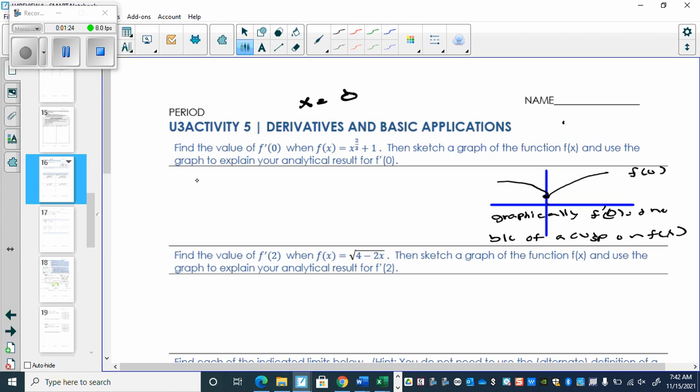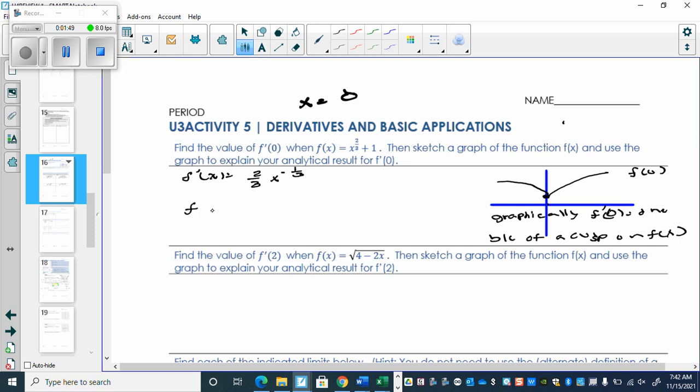Okay? Analytically, we just find the derivative here. F prime of x equals 2/3 x to the negative 1/3. Okay, that's what it looks like.